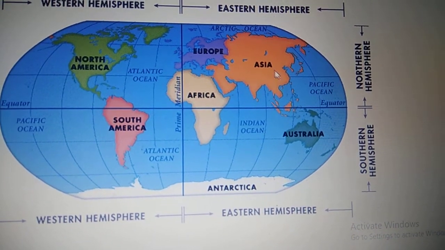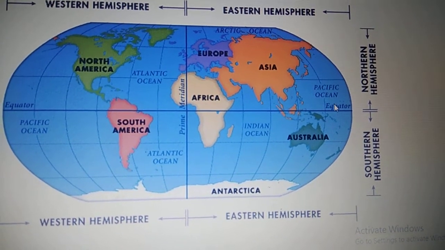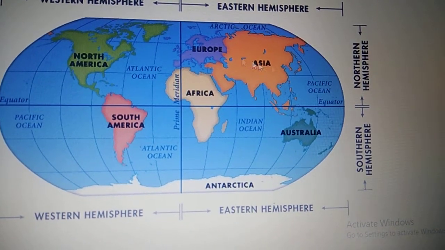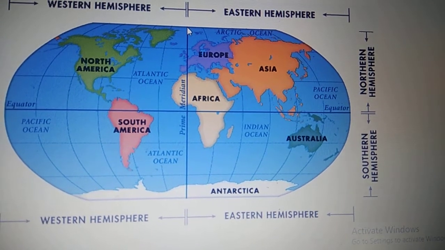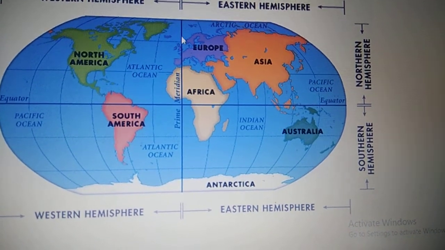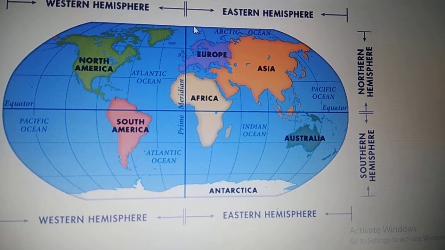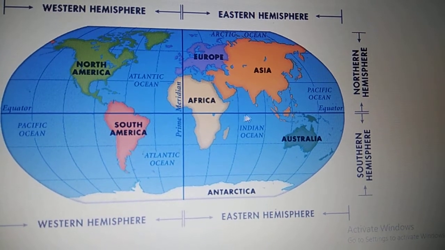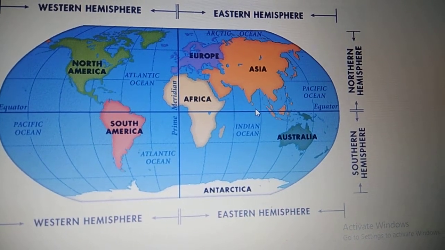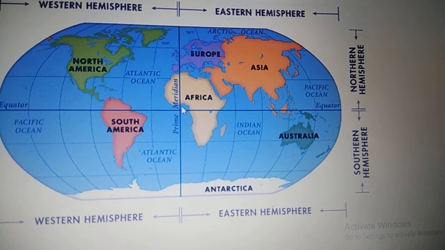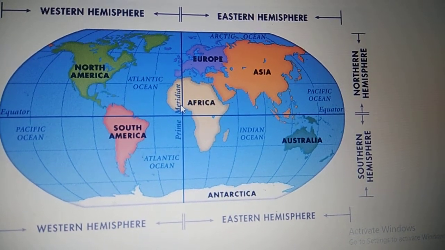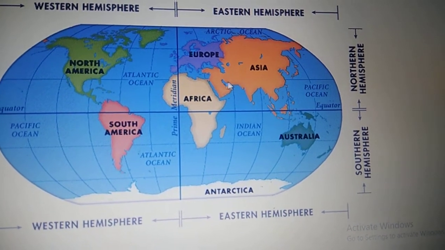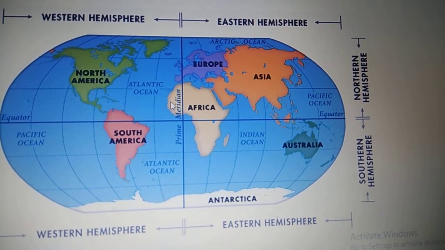We'll start from the equator as 0 and go up 1, 2, 3, 4, 5, 6. From the prime meridian, which is 0 degree, we start counting 1, 2, 3, 4. But you must remember that the parallel lines, that is the latitudes, are measured in degrees north and south, and the longitudinal lines are in the directions east and west, and both are measured in degrees.